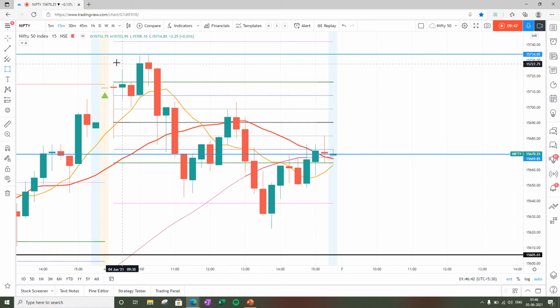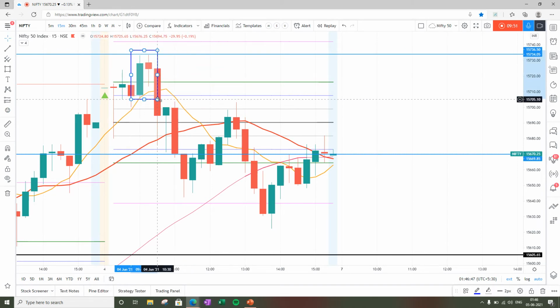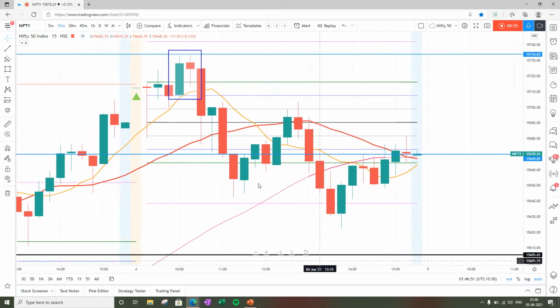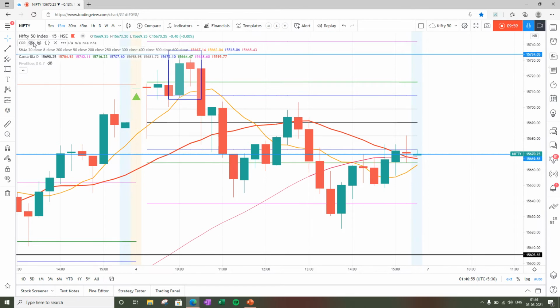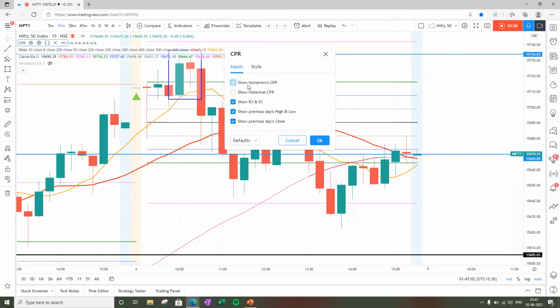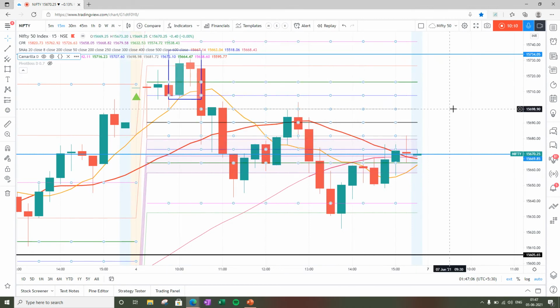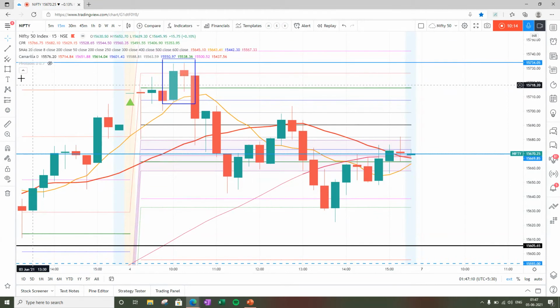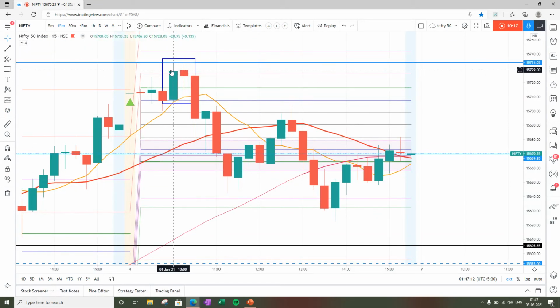Yeah. So have a look into this. This pattern formed exactly at R1 today. See here, this is the R1 for today. So perfect.